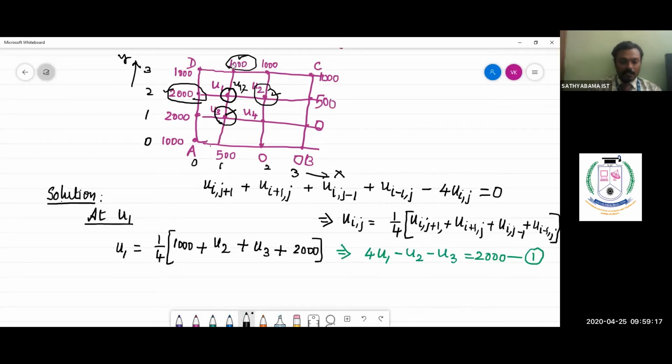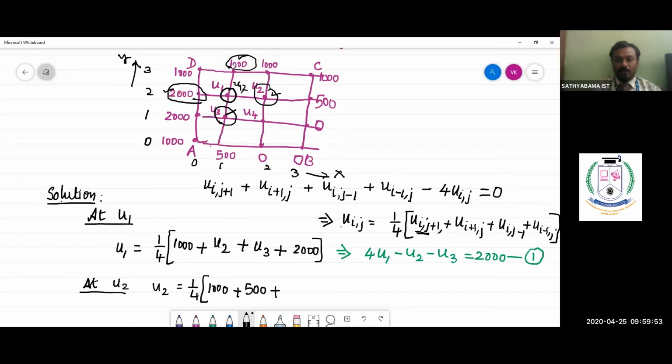Similarly, at the point u2, again applying this relation, we get u2 is equal to 1 by 4 into the point above, u i comma j plus 1, that is 1000, plus u i plus 1 comma j, that is the point to the right hand side, which is 500.